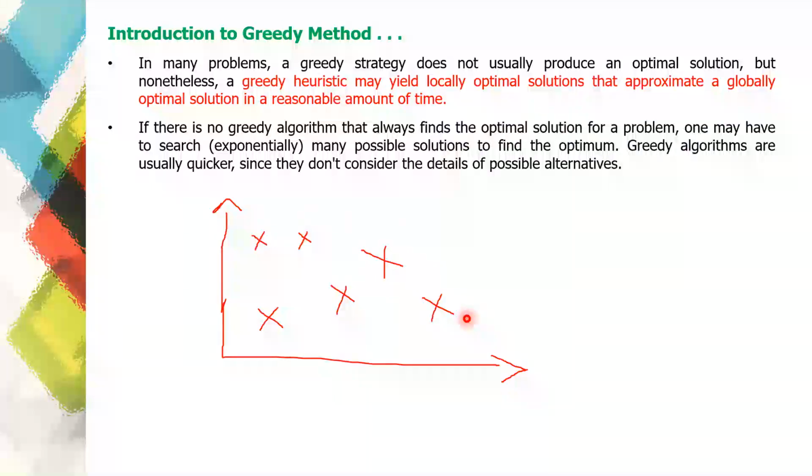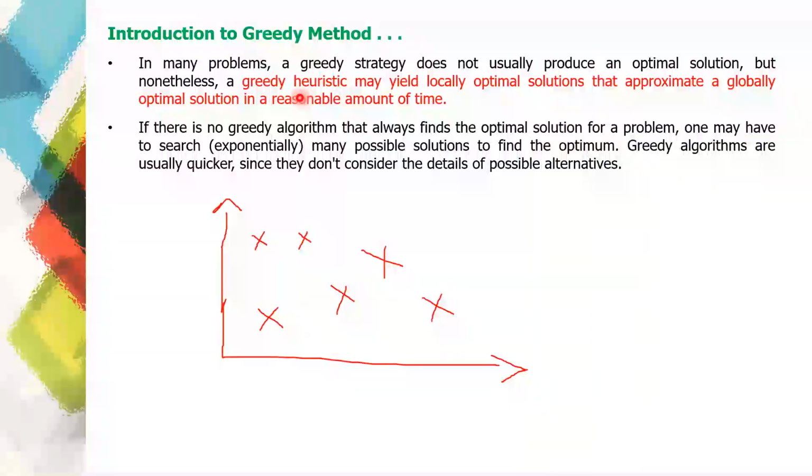I don't have so much time to spare. I want to find the best solution in a given amount of time. It may not be actually optimal. It may be somewhat less optimal, but I'm fine with that.